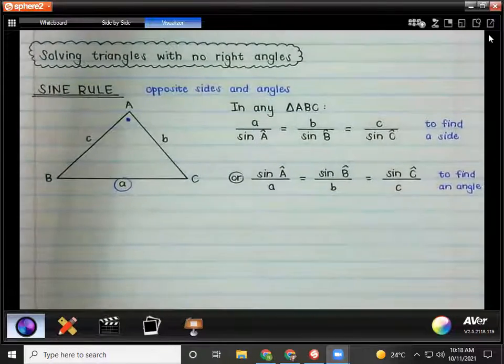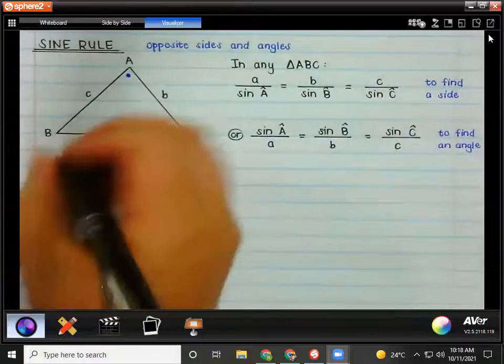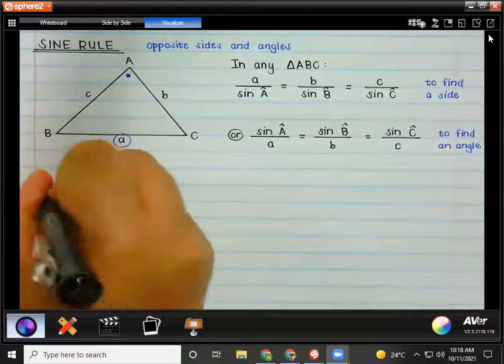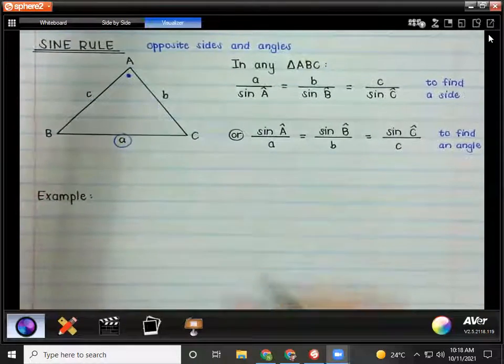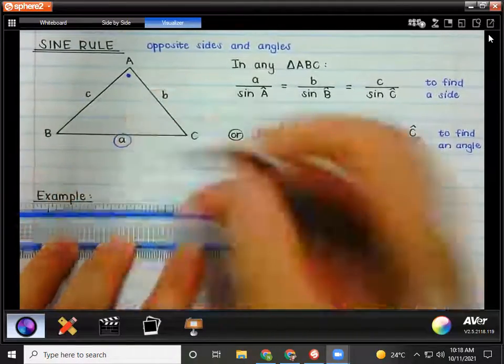Let's jump into an example quickly so that you can just see how we use this. We'll just do one example for today where we are finding a side. We'll talk about finding angles tomorrow.